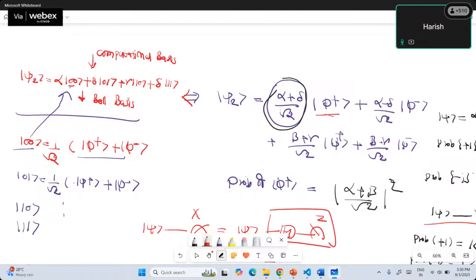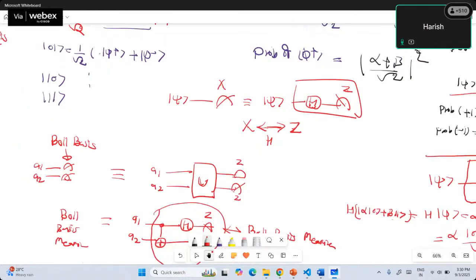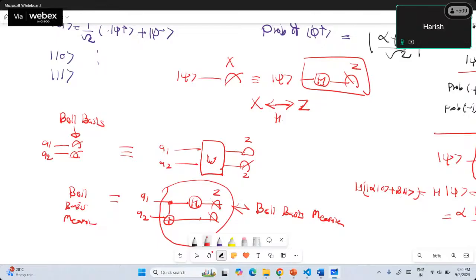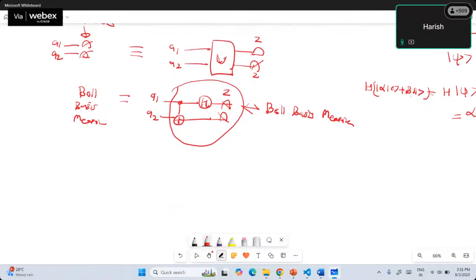And if you want to measure the state in Bell basis, you can do it by applying these two operations, controlled-NOT from first qubit to second qubit and the Hadamard, and then you do the Z measurement. Then it is equivalent to Bell basis measurement. And there can be four outcomes possible there. So what are those?